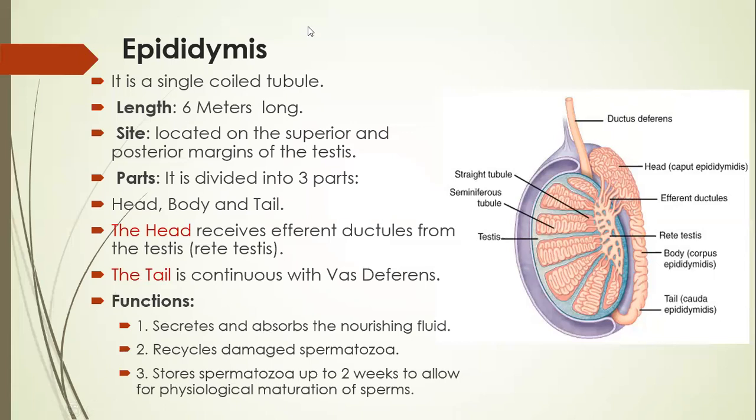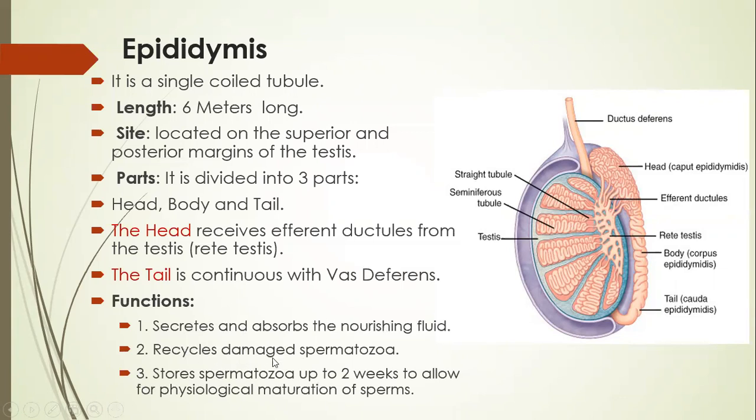What is the function of the epididymis? Why should we study this? It secretes and absorbs the nourishing fluid. It gives nourishment to the sperms which are produced in the testis and carried all the way up to the epididymis.